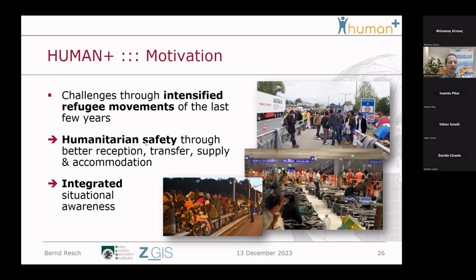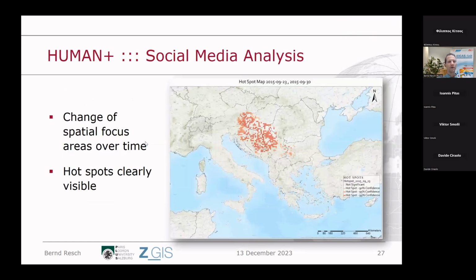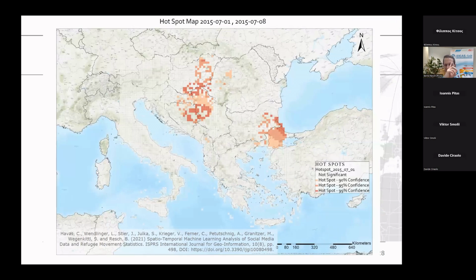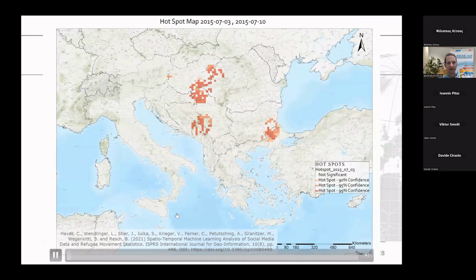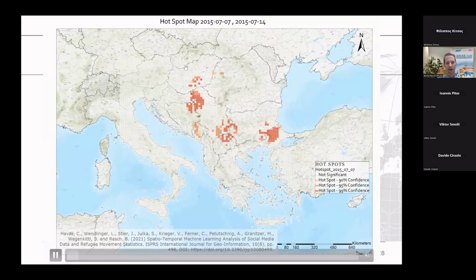Good. And the idea is still the same. We see a change of the spatial focus areas over time. In other words, which refugee routes are frequented in which way, and we show this again through hotspots. So, for example, here we see the start in 2020.